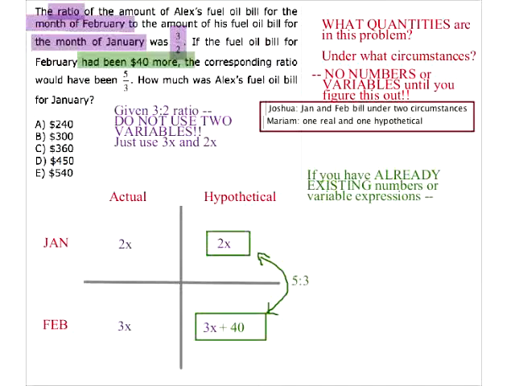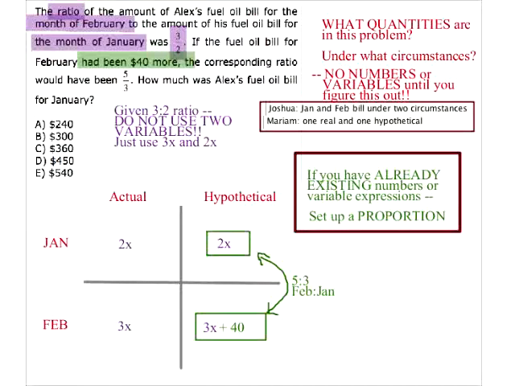So how do you set that up? Now you set up a proportion. You don't want to set up a proportion if you are defining variables. That's very, very important. But if you have already existing numbers or already existing variable expressions, then you want to go ahead and set up a proportion.